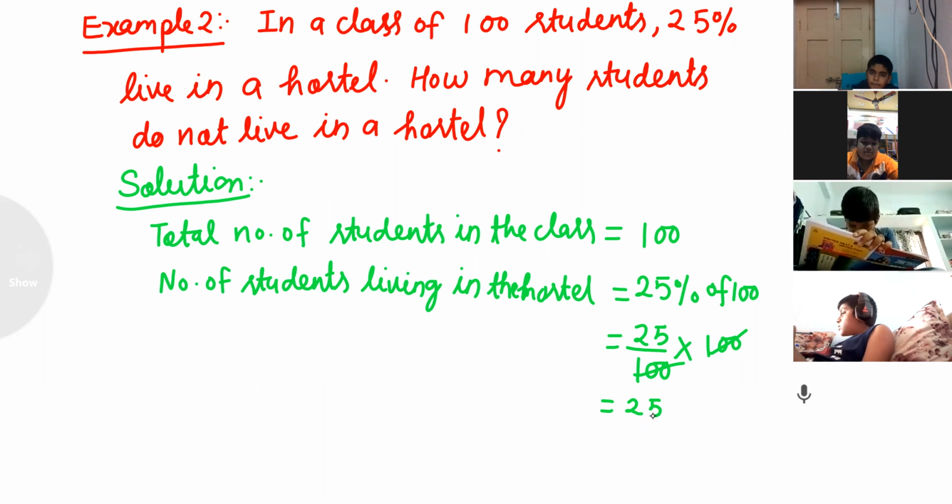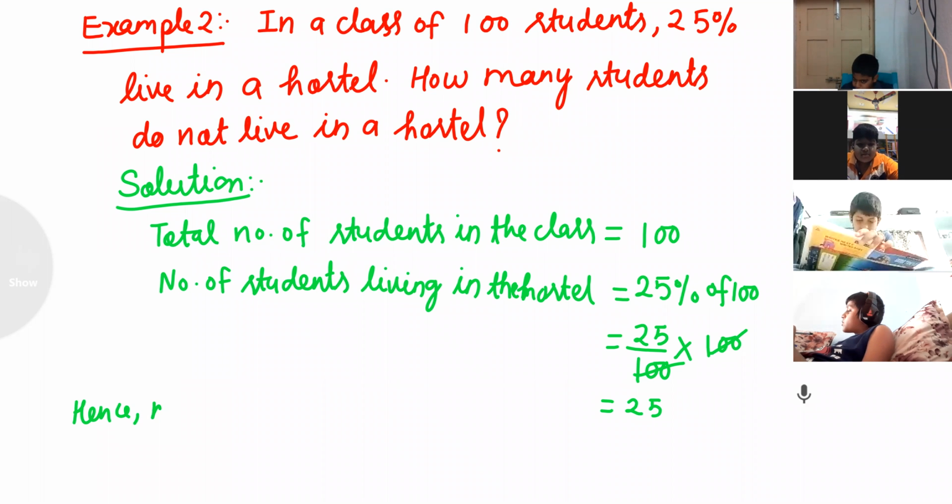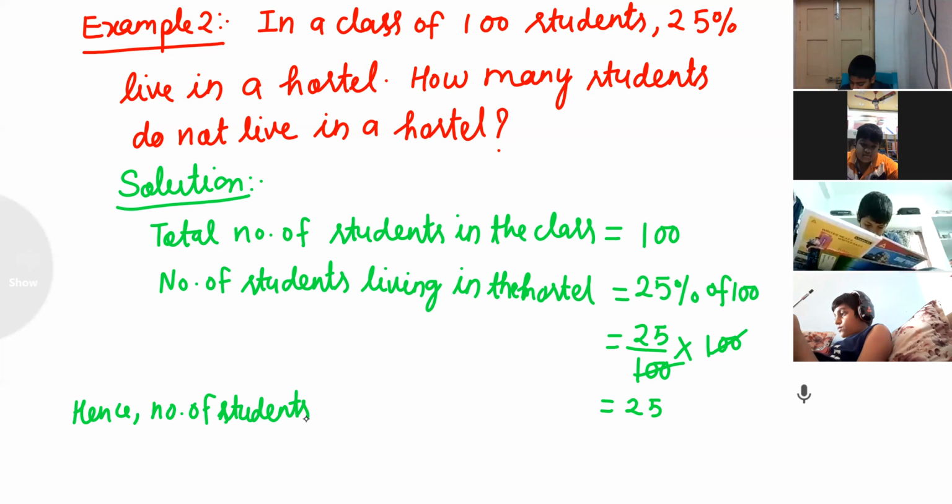But I want to find out how many students are not living in the hostel. Hence, number of students, here you can mention number of students are living because of proper verb form.